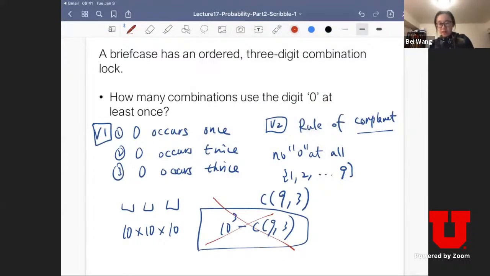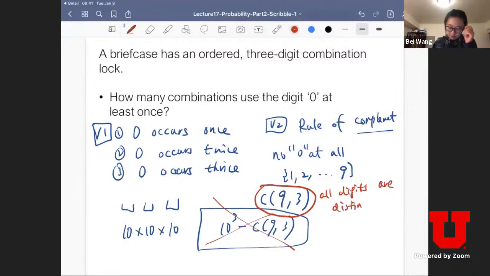Where did I make the mistake? When I said C of 9 choose 3, I also added an additional condition that all digits are distinct. But that is not the case.